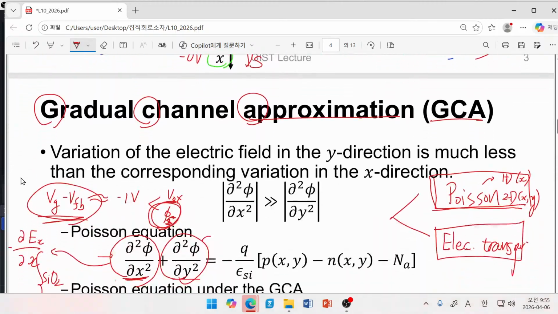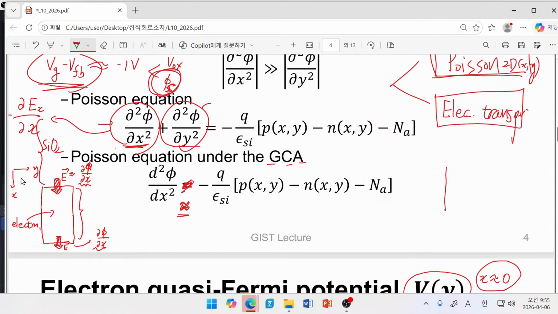Simply speaking, in our system, we may expect that about 1 volt is applied within just orders of 10 nanometer. That is a vertical situation. And at the end of this journey, if we arrive at deep substrate, electric field should vanish. Here we have almost zero electric field, and here we have quite a strong electric field, and that varies within just a short distance.